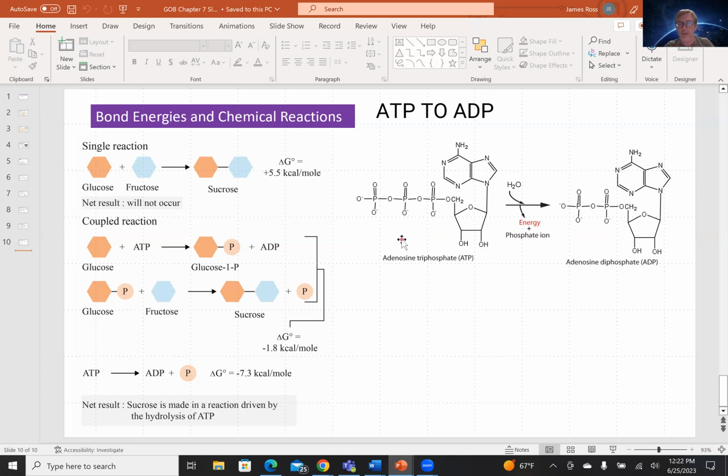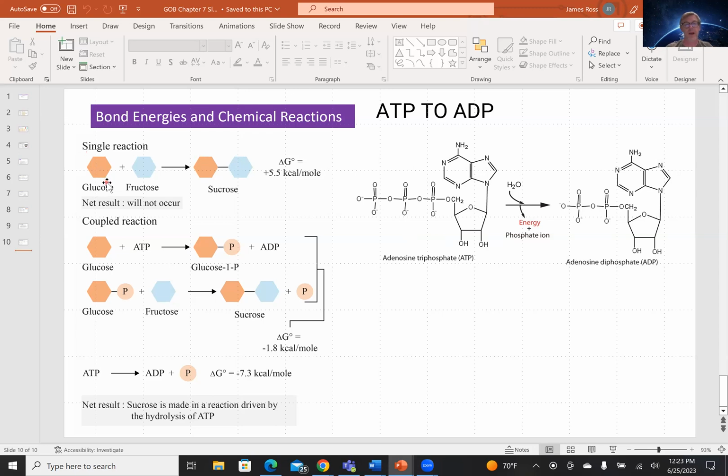So the source of energy of ATP is in electrostatic repulsion between these adjacent phosphate groups. So one boils off, and we're left with only two, which, although still has energy, is much lower than having three groups of negatively charged structures adjacent to each other.